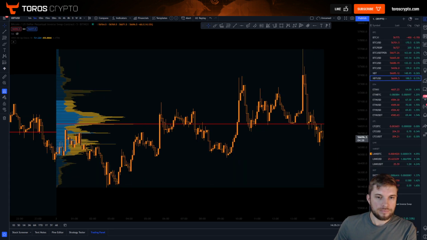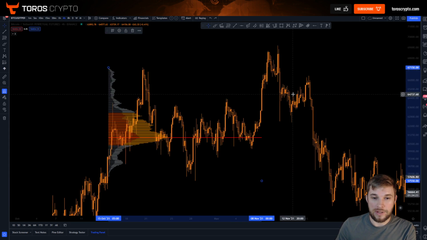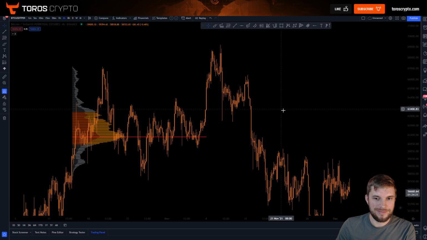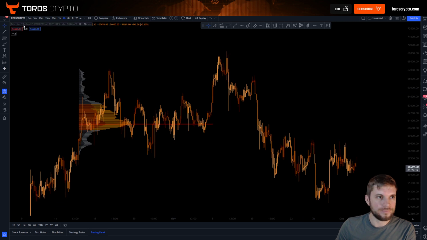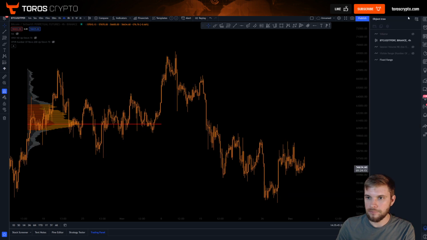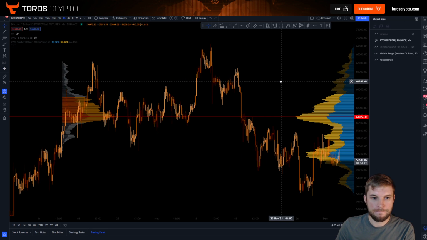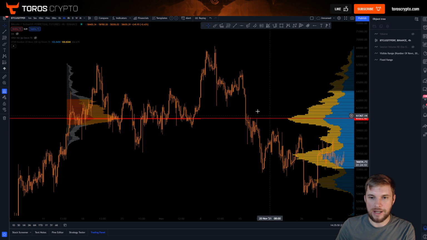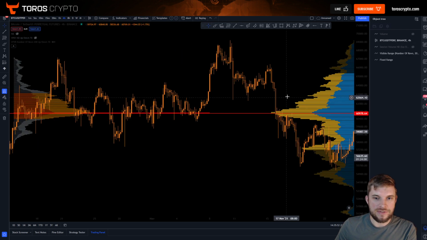Secondly, we have another example here. The other thing I can do on this, bear with me one second, is you can see from your visible range how these two line up. So this gives you really good confluence.